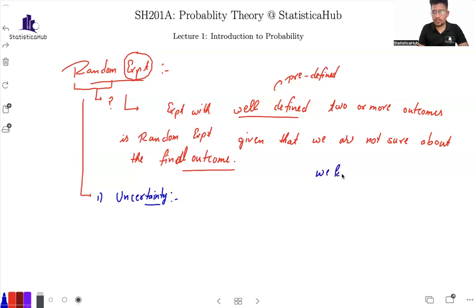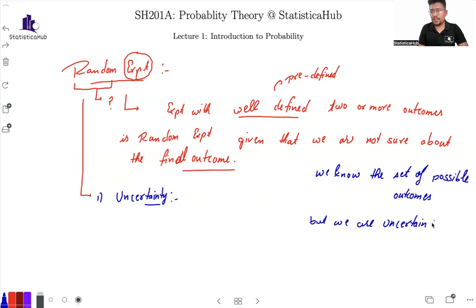We know the set of possible outcomes, but we are uncertain about the final outcome. This concept is considered to be your uncertainty.